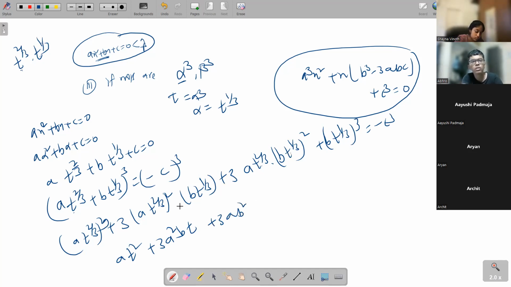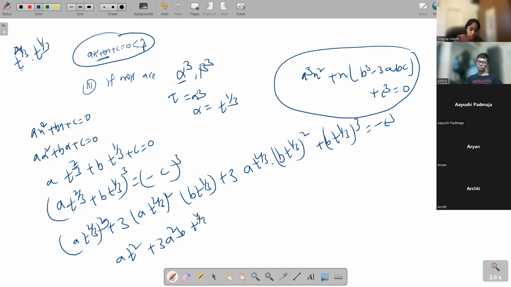Oh wait. No. My bad. This is t raised to 4 by 3. So t raised to 4 by 3 and this is t raised to 1 by 3, so this is 5 by 3. So t raised to 5 by 3. Or you can do one thing.